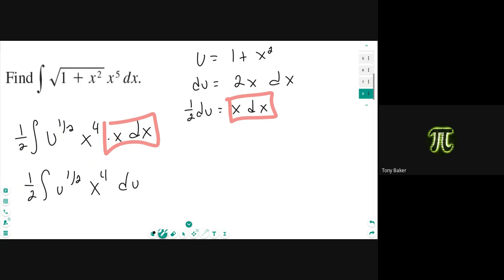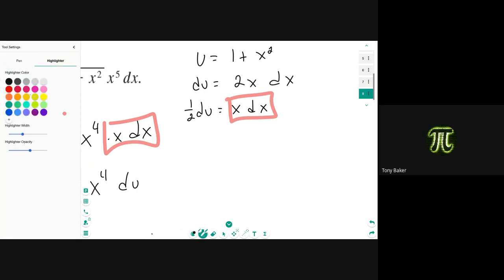You can manipulate this stuff over here. Those are equations, so we can change things in this.